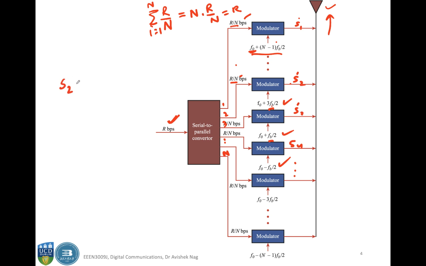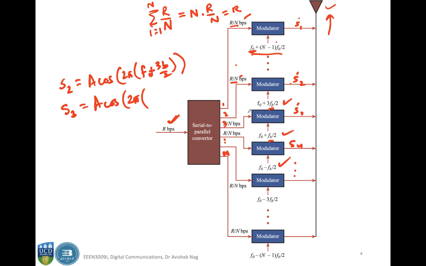S2 is, let's say, a cosine wave, A cosine of 2 pi times (F0 plus 3 FB by 2) t, and S3, the adjacent one, is A cosine of 2 pi times (F0 plus FB by 2) t.